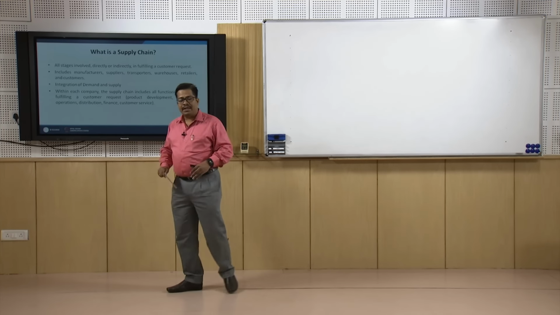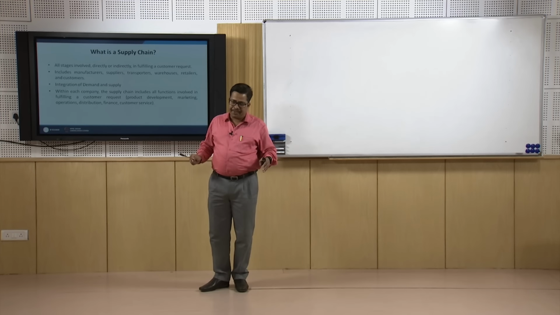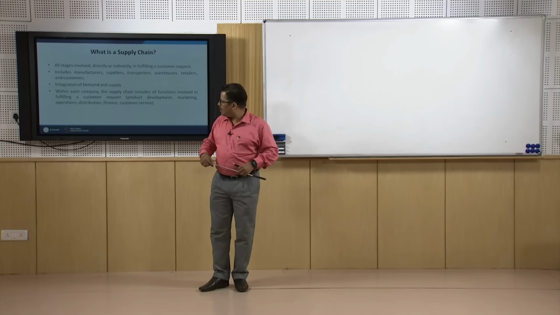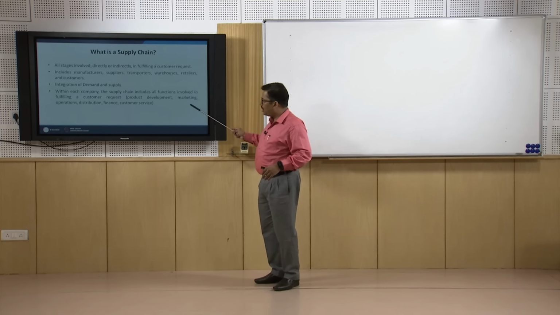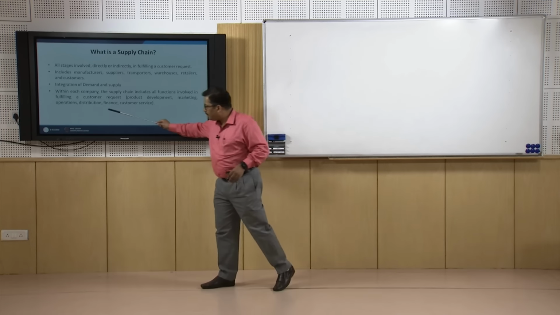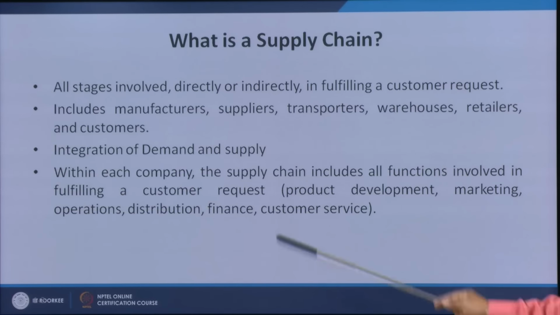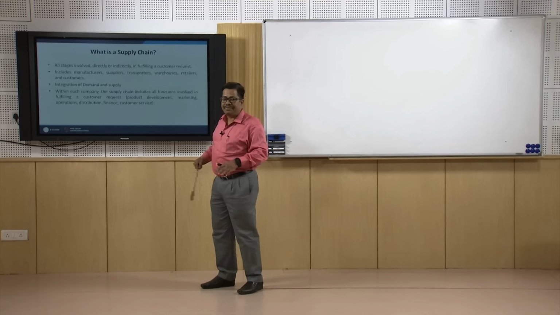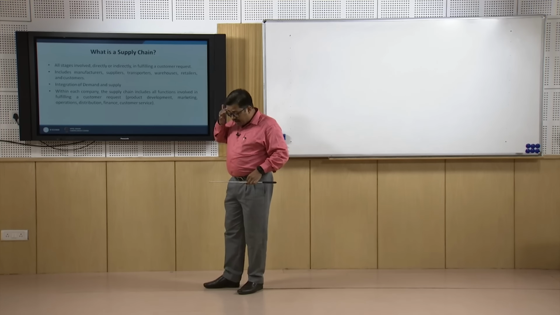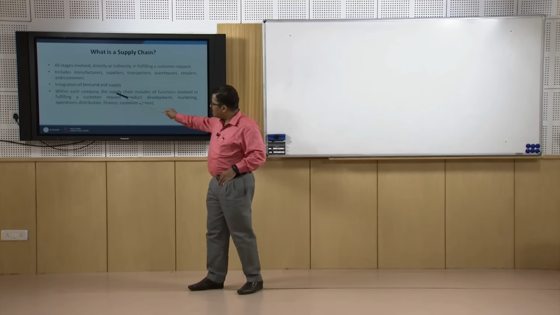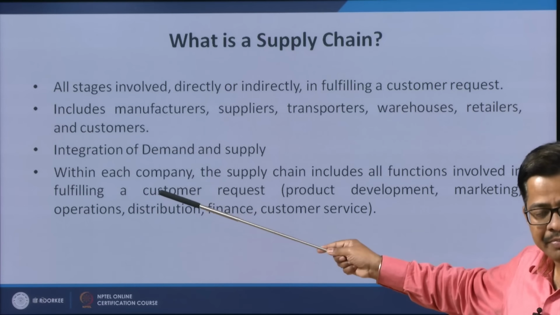Rather, it is a more holistic concept, and we require equal involvement of product development, marketing, distribution, finance and after sale services in achieving the objectives of supply chain management. Because as I am saying, it is integration of demand and supply.